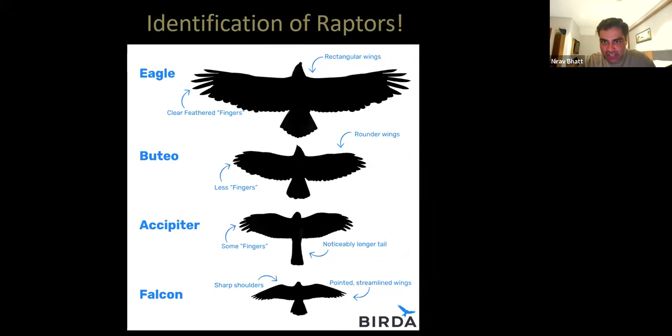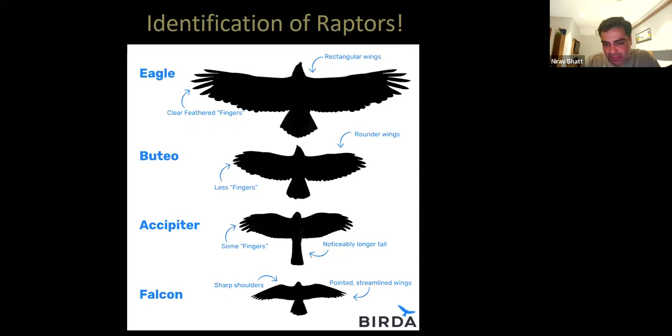Eagles have rectangular wings with clear outer fingers which are visible. Buteos have a rounder wing shape, but still a little broader, and overall a broad looking bird with a shorter tail. Accipiters, on the other hand, show some fingers outside, but it depends on what activity it is doing, and they have a significantly longer tail. That's how we identify accipiters overall.